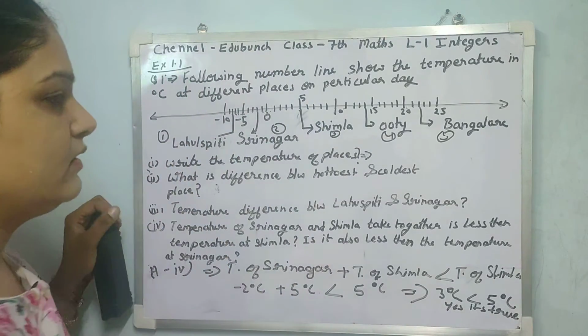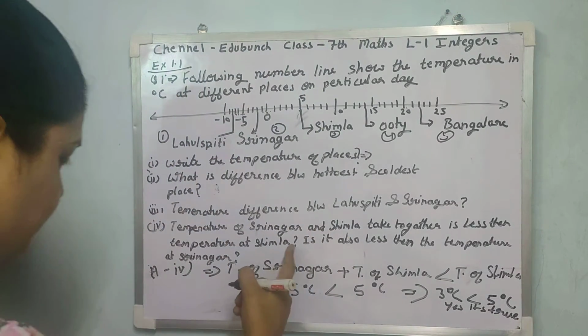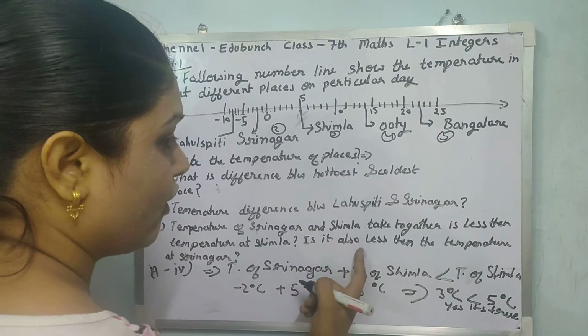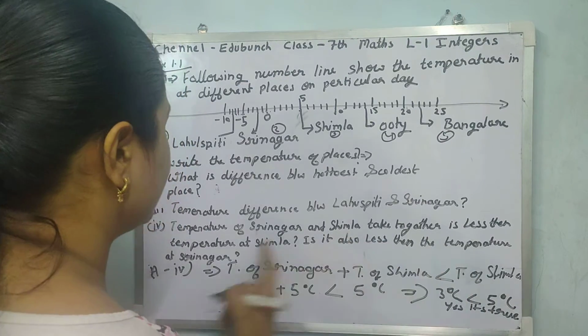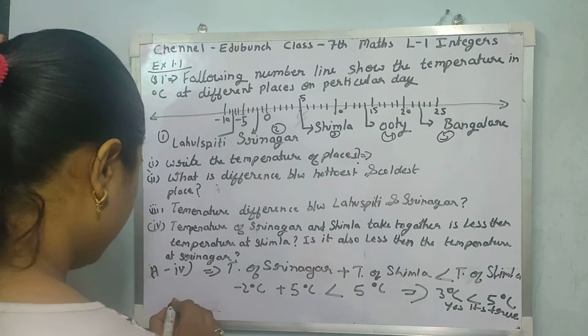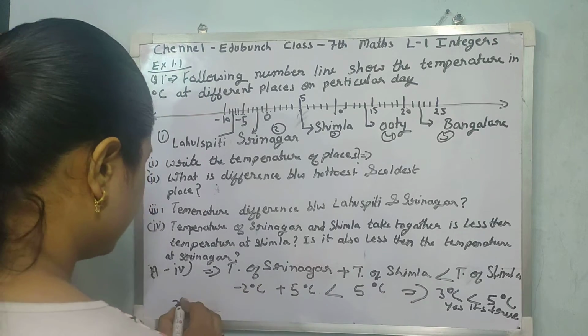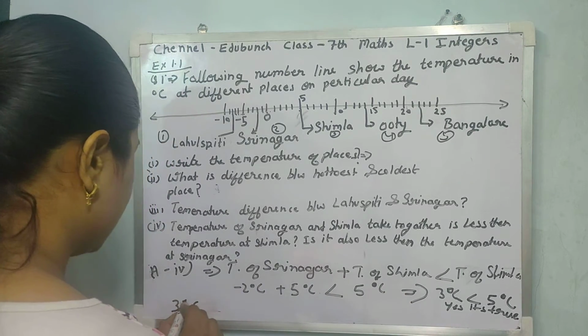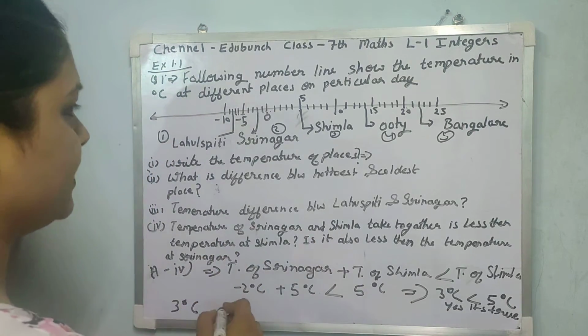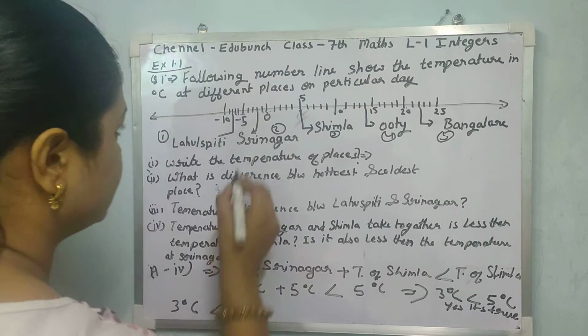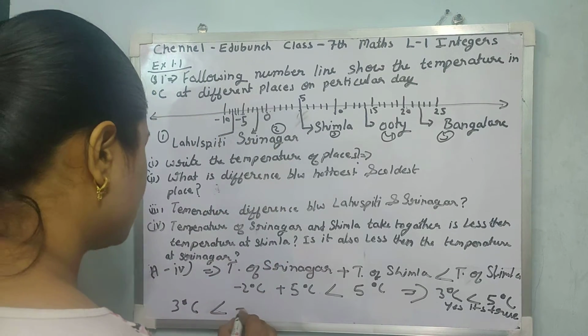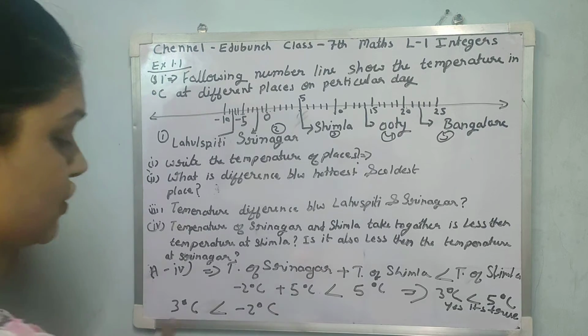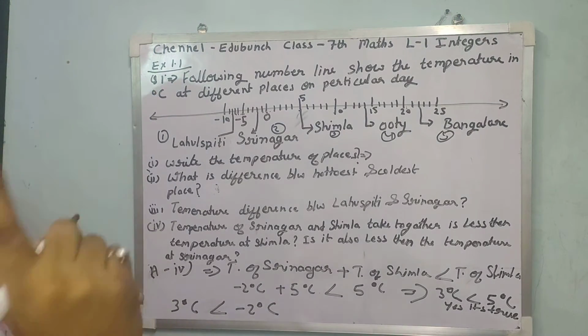But there is a second part in the question: is it also less than the temperature of Srinagar? Together the temperature is 3 degrees Celsius. Is it less than Srinagar? The Srinagar temperature is minus 2 degrees Celsius. So here the condition becomes false.